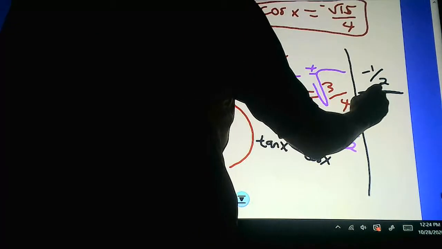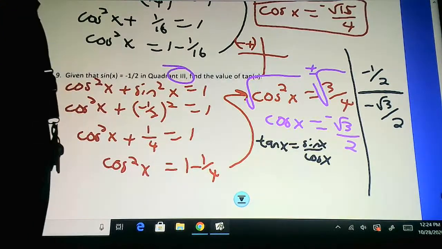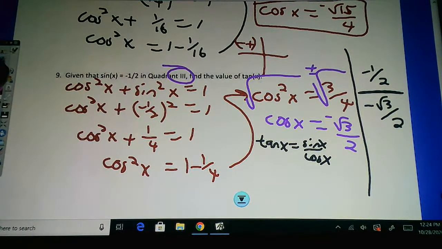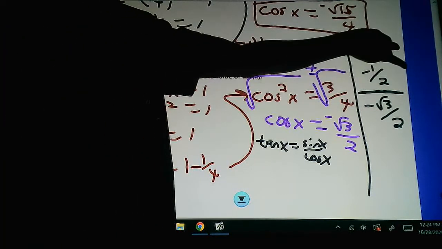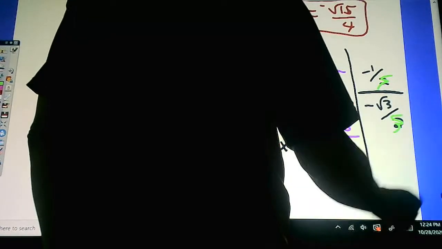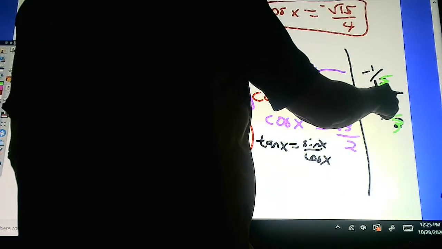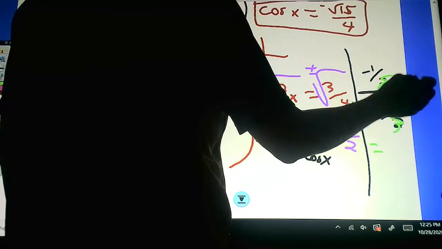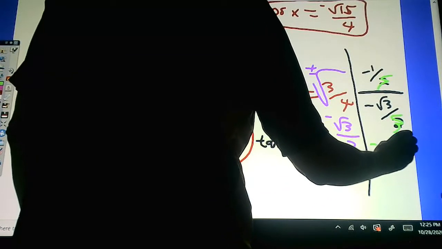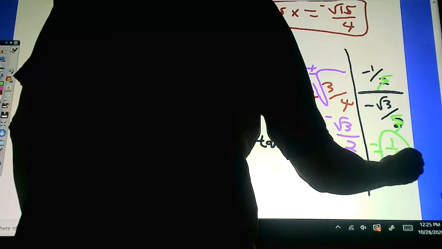The cosine we just calculated is negative square root of 3 over 2. So we get a fraction over a fraction, but you can just cancel the 2's right here. And so you get negative 1 over negative square root of 3. The negatives cancel out, and you get 1 divided by square root of 3.